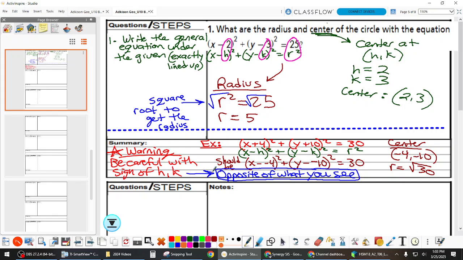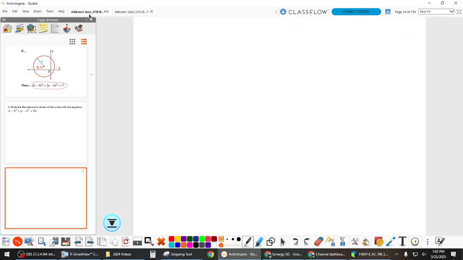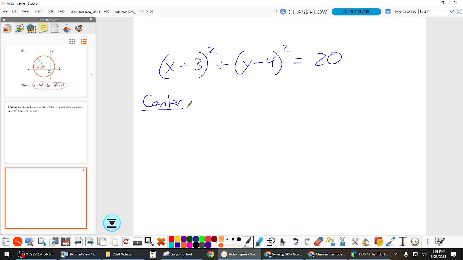Let's say we have x plus 3 squared plus y minus 4 squared equals 20. Don't shout it out, raise your hand when you can tell me these two things. And it should be pretty fast.